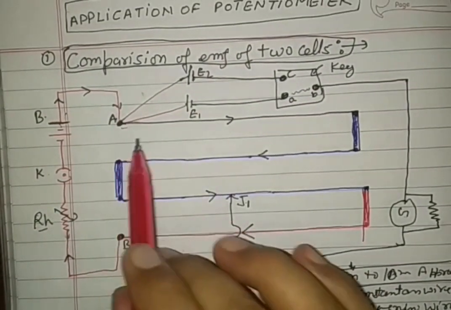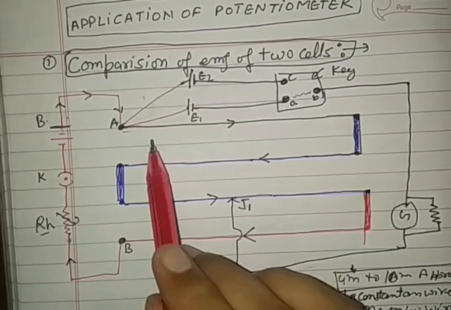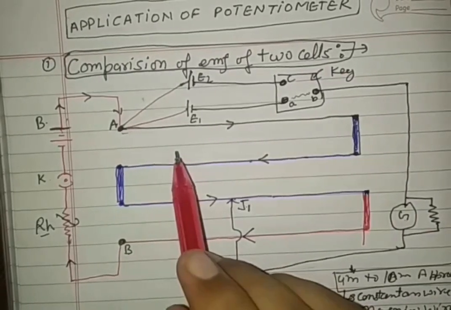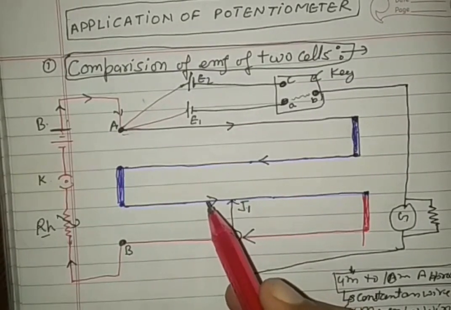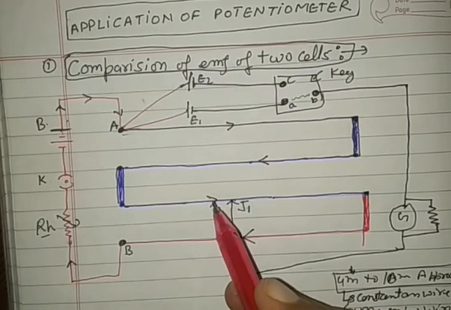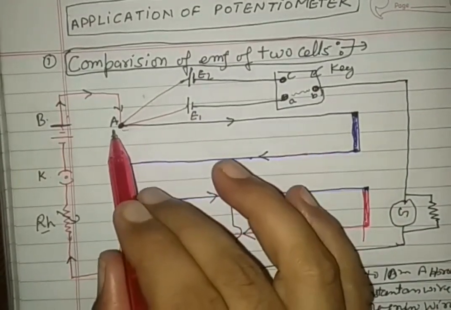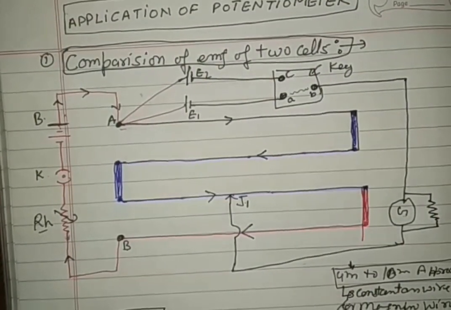Now see, the potentiometer works on the principle of two things. One, the principle of opposition of two EMFs. Second, the potential difference across the wire is directly proportional to the length trapped. In the main circuit, the potential is distributed along the wire.